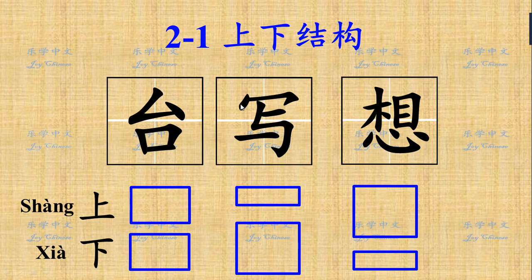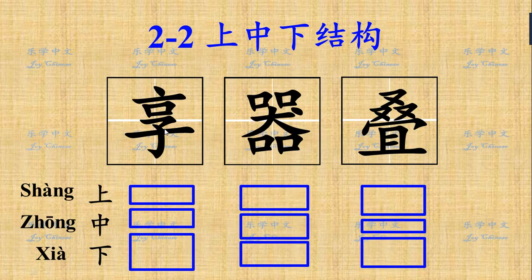Or the top is smaller, bottom is bigger. Or top is bigger, bottom is smaller, like this. And here is a radical. We will learn later. This is the clue for how you find this character in a dictionary when you don't know how to pronounce it. 上下结构. So this is two parts, top and bottom.